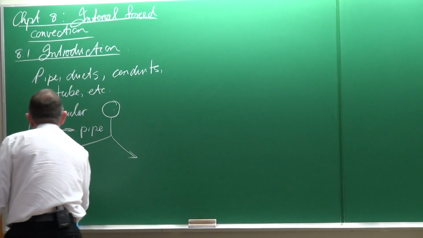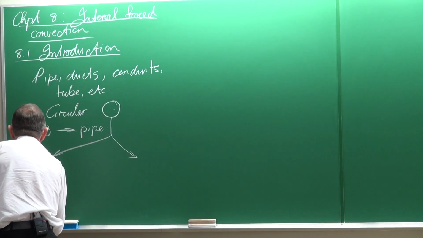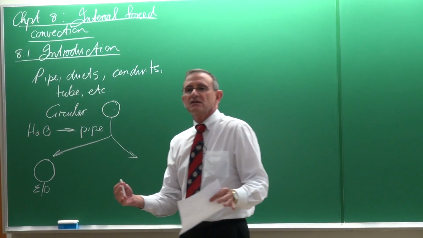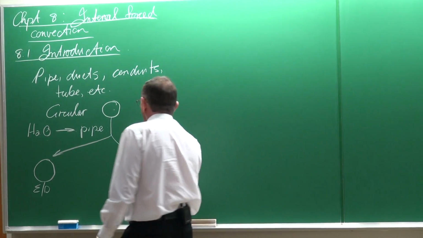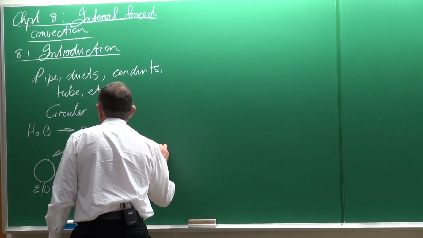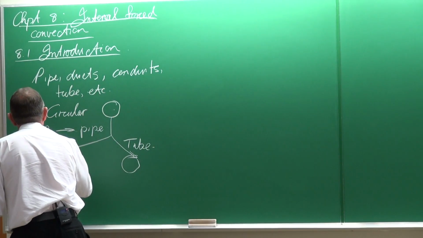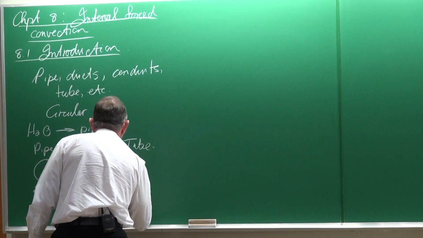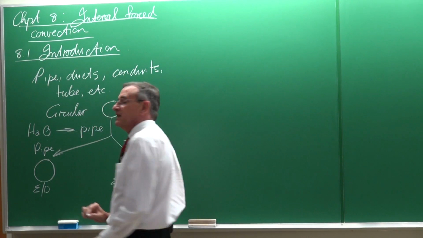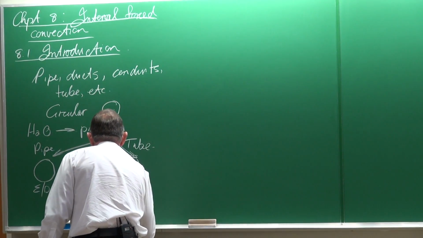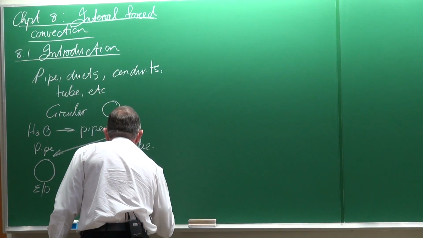A pipe is where epsilon divided by d is a significant value, while for a tube, epsilon divided by d is approximately equal to 0, which therefore means it is a smooth tube.